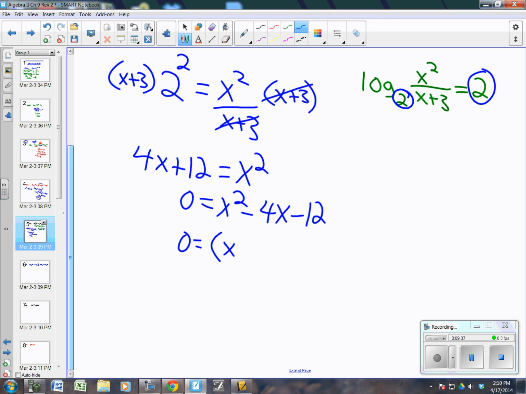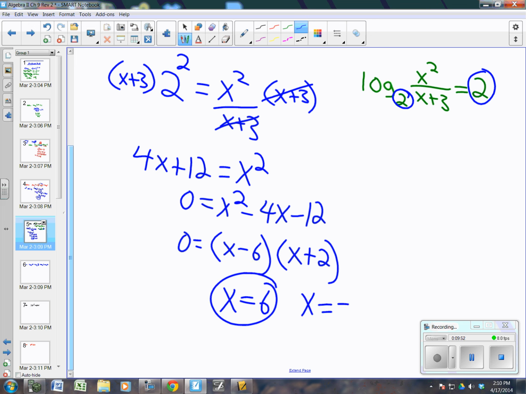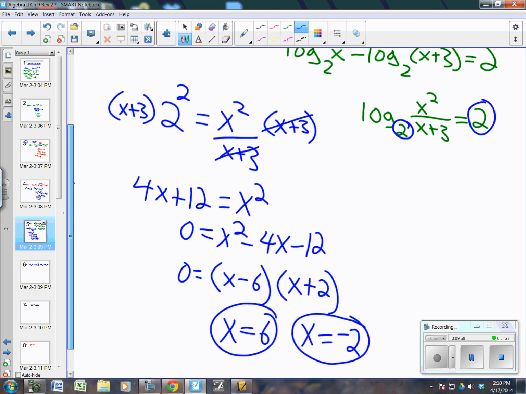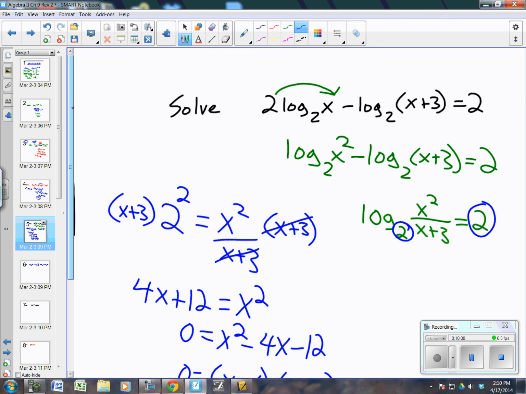It factors to be x minus 6 times x plus 2, because 2 times negative 6 is negative 12, and 2 plus negative 6 is negative 4, which leaves me, as the solutions, x equals 6 and x equals negative 2. And if you check 6 and negative 2, you'll notice that negative 2, if I plug it in right here, I'm going to have a negative number right there.